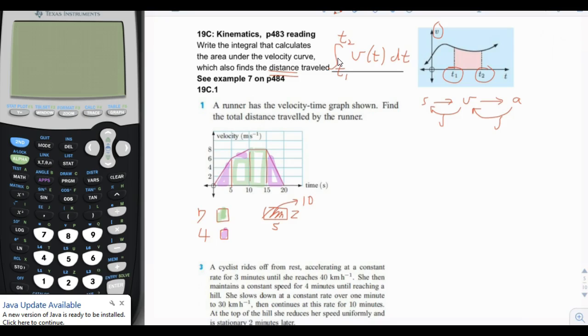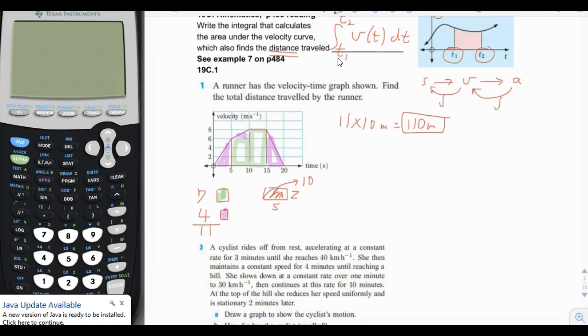Okay? So we add these up, we get 11 rectangles times 10 meters is equal to 110 meters. The reason why we got 10 here is because it's 2 meters per second times 5 seconds. You can see the seconds actually cancel out, and you end up with 10 meters.